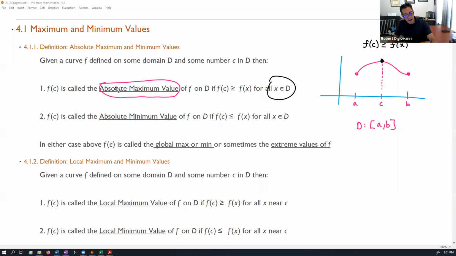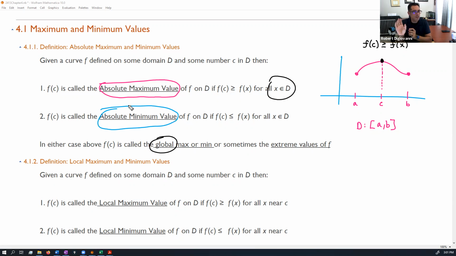Sometimes instead of the word absolute, we might use the word global. Okay, global maximum. Because it is, in fact, the highest point out of everything. Now, similarly, you can have this idea of a minimum, right? An absolute minimum, which would be the lowest point on the graph within the domain.